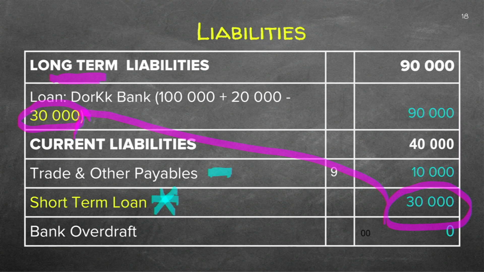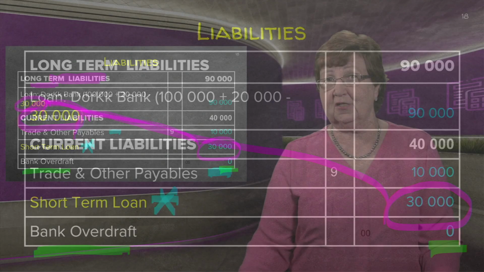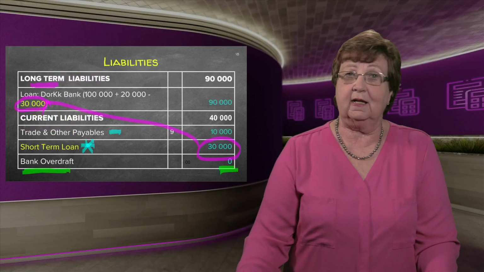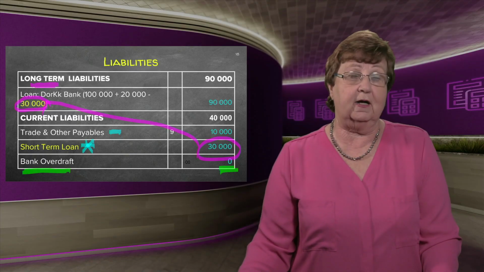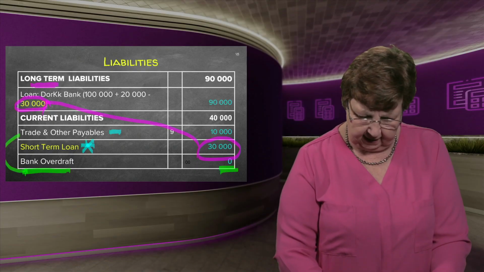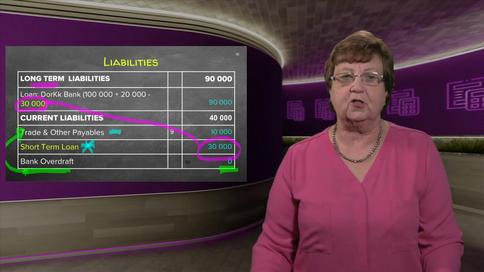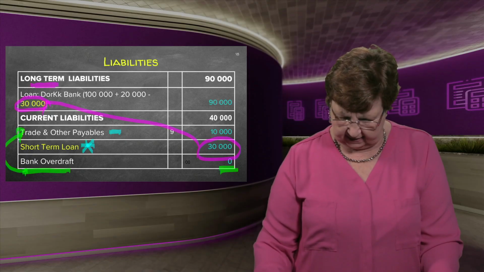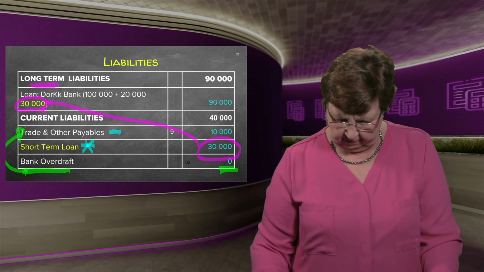And if we go back to the slide, you will see that over here I have a bank overdraft. It has a 0 balance. I needn't have put it in, but I just put it in as a reminder that bank overdrafts are also part of current liabilities, or alternatively, they can also become part of the note, trade, and other payables.